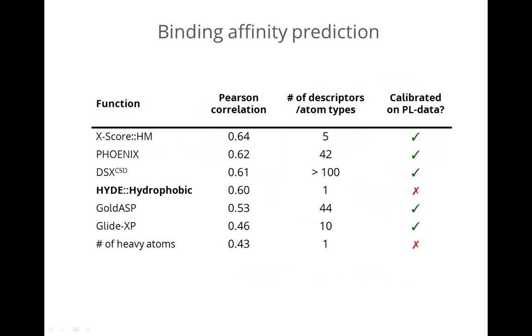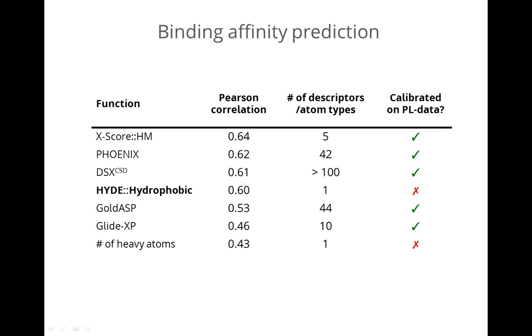The advantage of this is we simply have just 1 or 2 descriptors, namely the hydrophobic surface and the hydrogen bonds. And if we take into account only the hydrophobic surface even, we are doing very well in binding affinity prediction on the PDBbind data set.